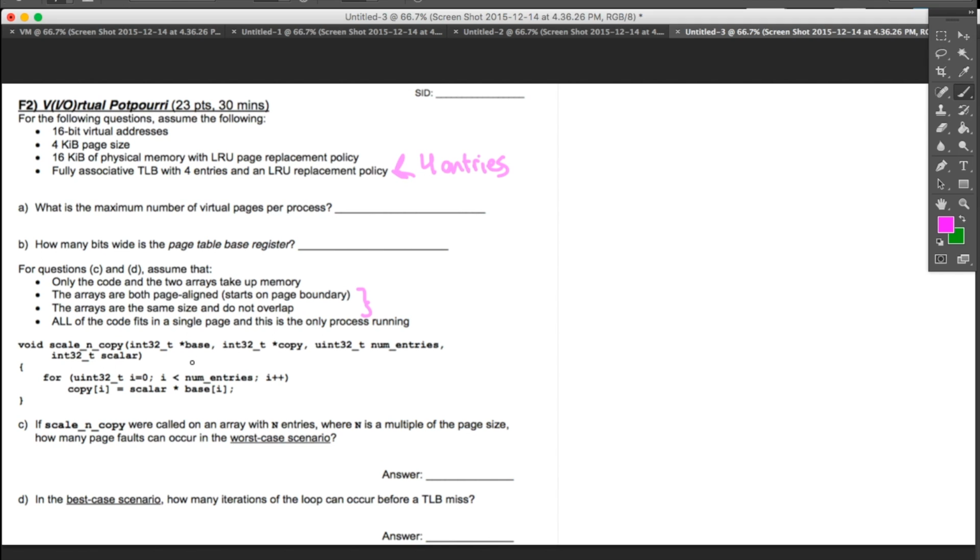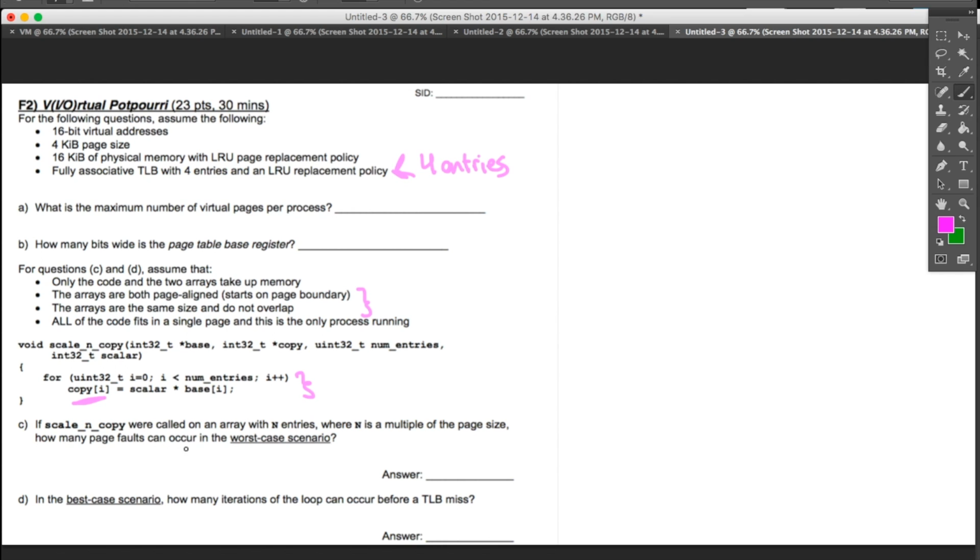If you look at it, we essentially have 2 arrays of integers, base and copy, a number of entries, and some scalar. All we're doing is iterating through every element, taking the ith integer of base, scaling it up, and storing that into the ith element of copy.